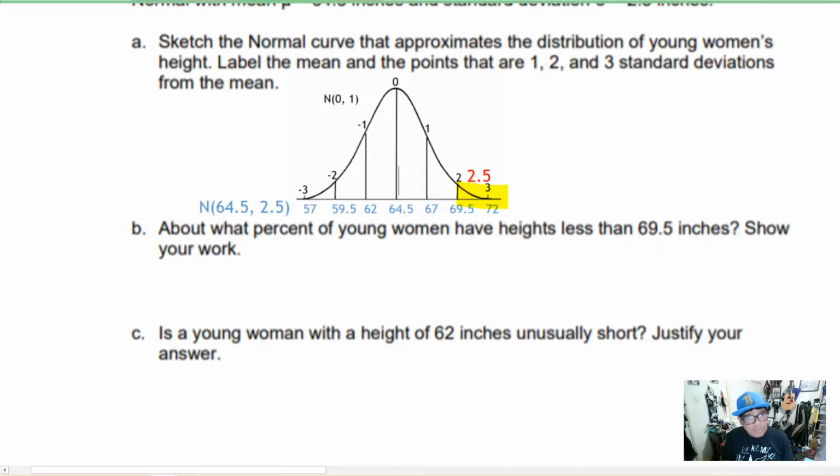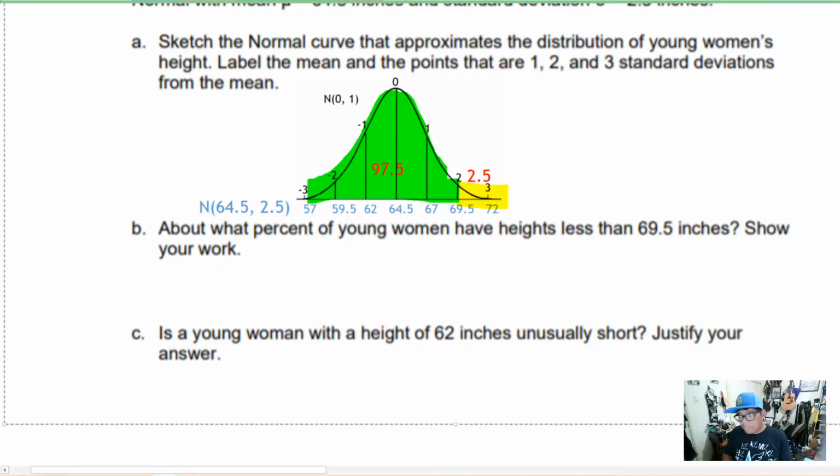Taking away that blue region, that yellow region is still 2.5%. And now the entire curve has to add up to 100%. So the green section has to be 97.5% of the area. So what proportion is less than that? Well, that's going to be 97.5.